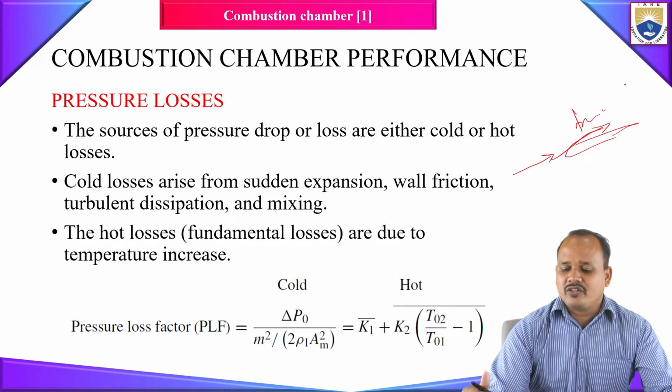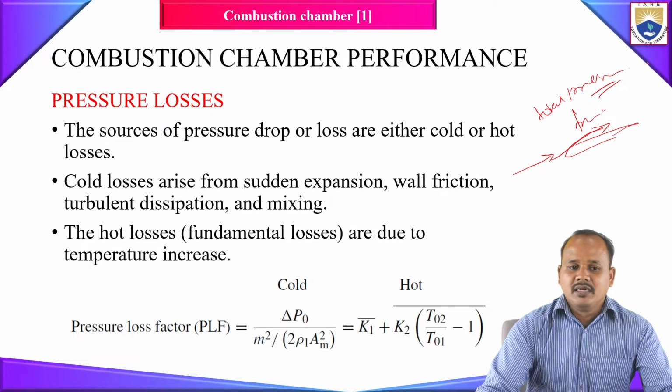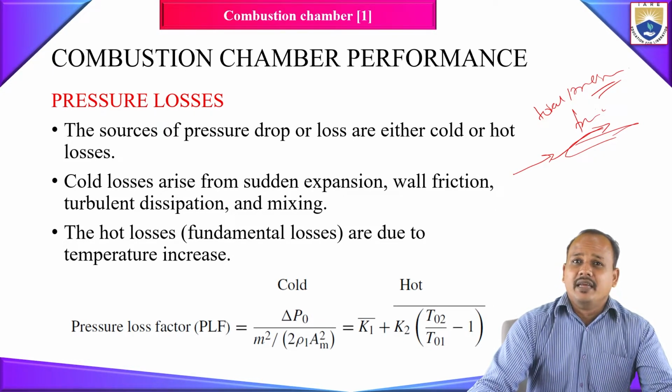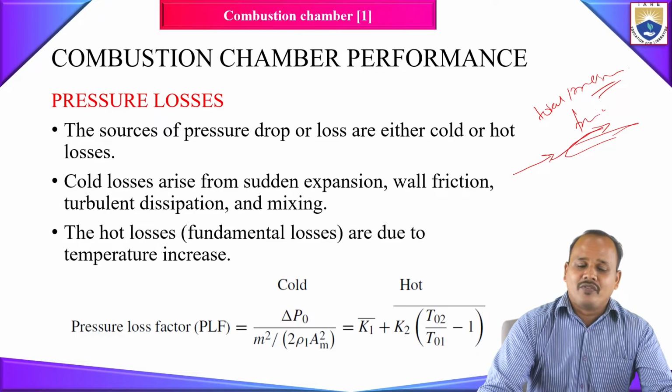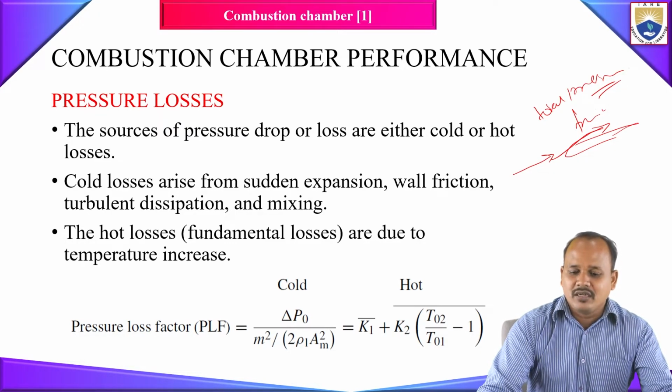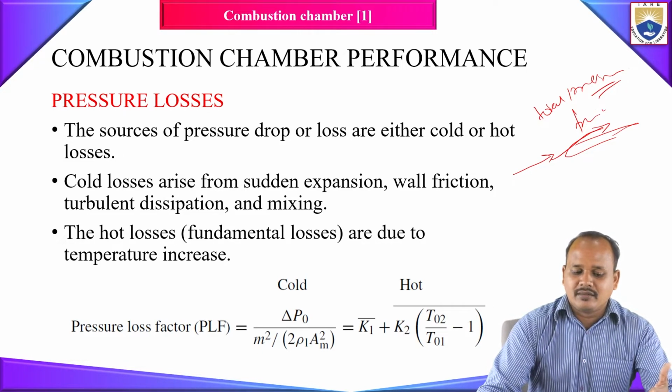Whenever there is a frictional loss, that creates total pressure loss. Total pressure loss means the energy available in your flow, basically in the form of pressure, is being converted into some other form which you are not able to utilize. That's the loss happening inside your combustion chamber.